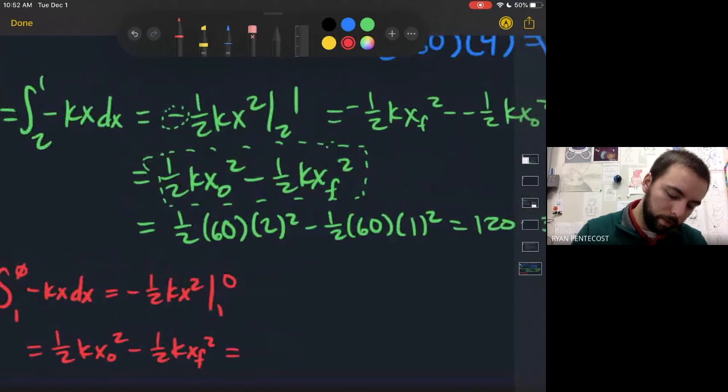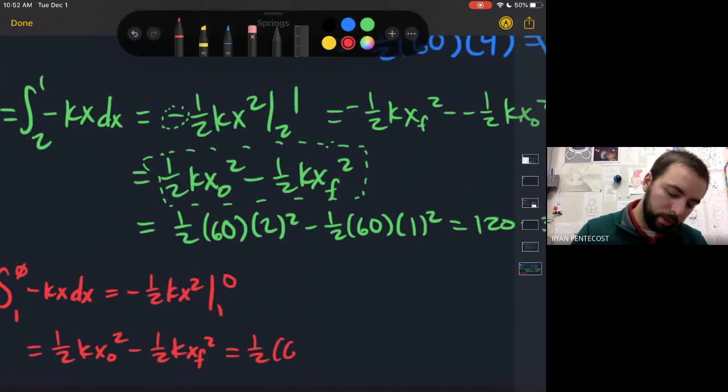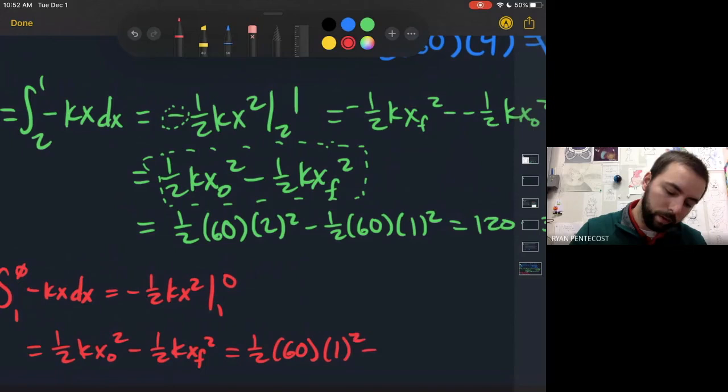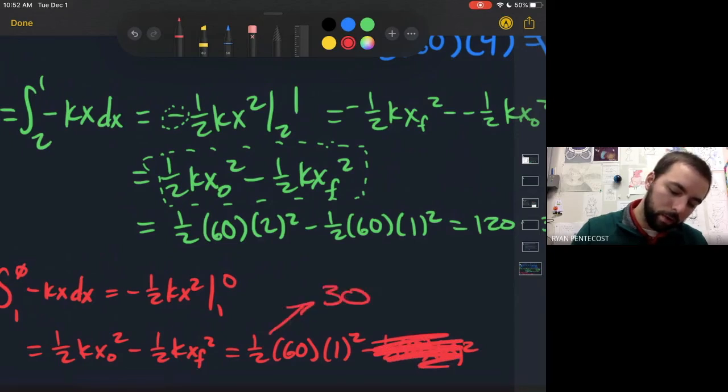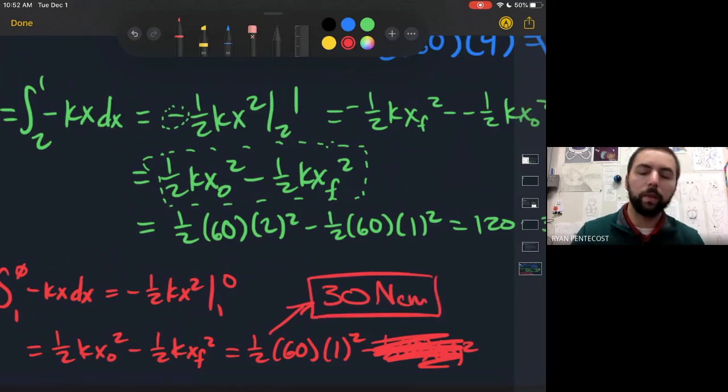So here we have 1/2 times 60. Our initial value is 1 squared, minus 1/2 times 60. Our final value is 0 squared, so all of that goes away. So then our answer is 30 Newton centimeters to decompress from 1 to 0 centimeters.